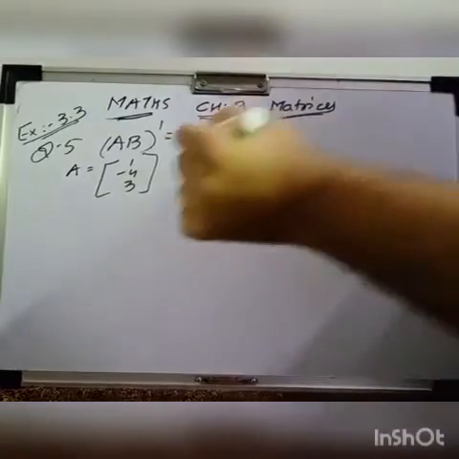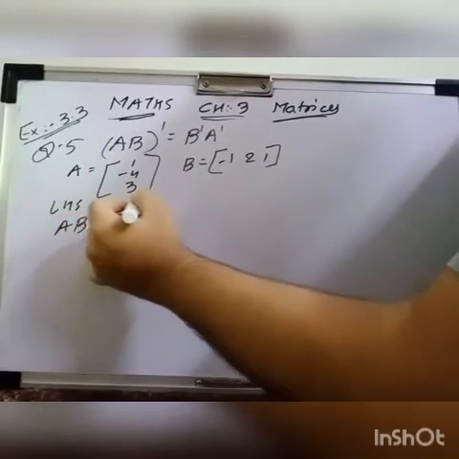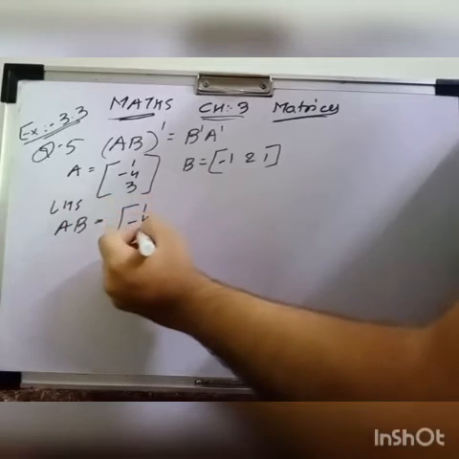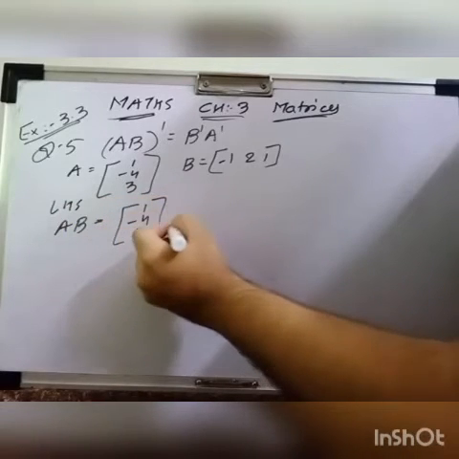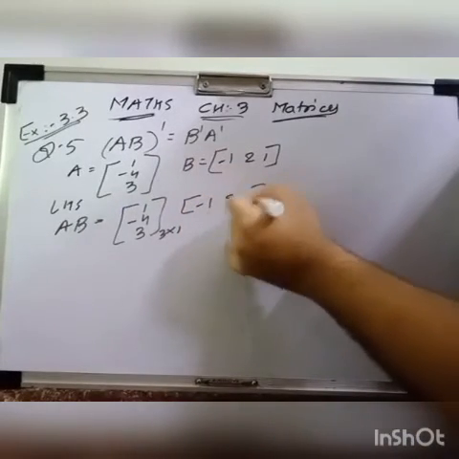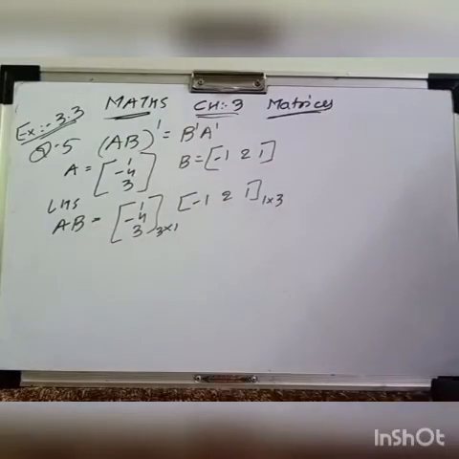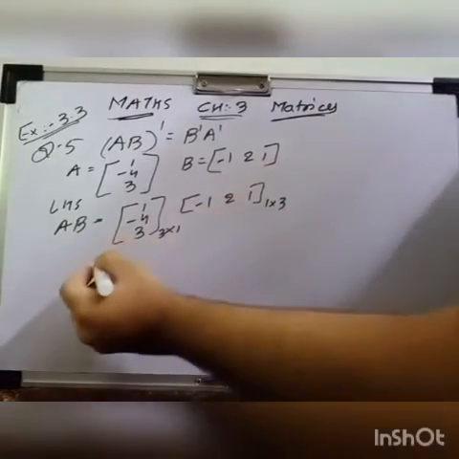So first of all I will solve left hand side. I will try to find the product of A and B. Here A is a column matrix 3 cross 1, and this is my row matrix. So product is possible, and the resultant will be a 3 cross 3 matrix.